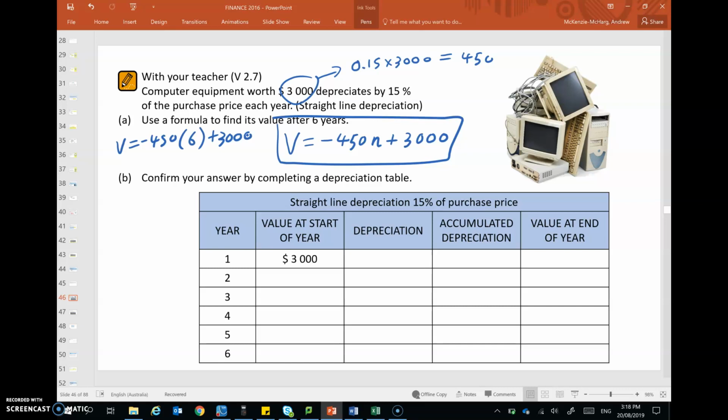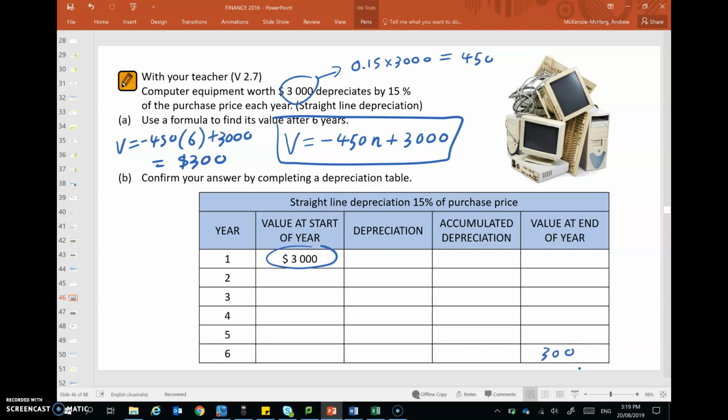And what you should find is that it's worth $300. So it's gone from being worth $3,000 to $300 at the very end, after 6 years.